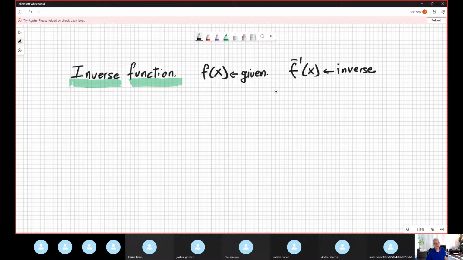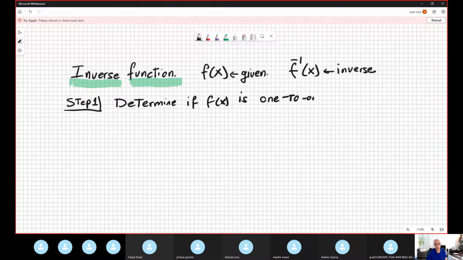Okay. Step 1 is always determine if my given function is one-to-one or not. If it is one-to-one, the answer to this question is yes, and therefore the inverse function exists.